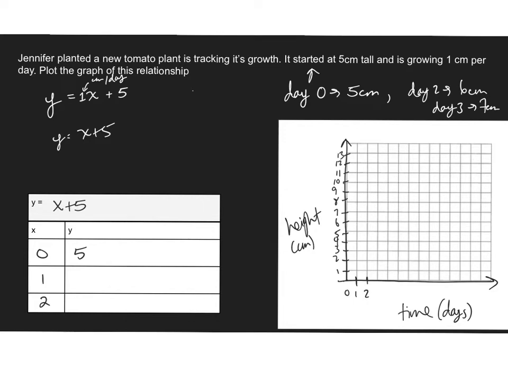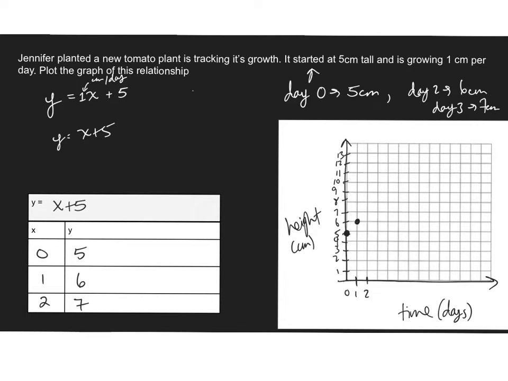We've already figured out that at day 1 it's going to be 6 centimeters because it's going to grow 1 centimeter, and after day 2 it's going to be 7 centimeters because it grows another centimeter. So we can plot these points now. It starts at 5 centimeters.